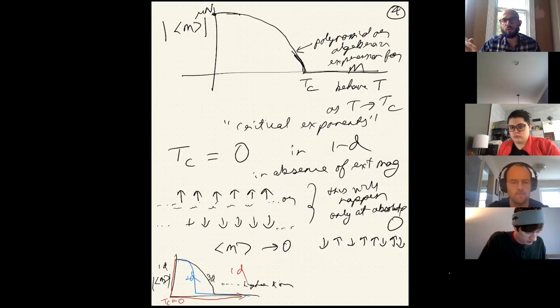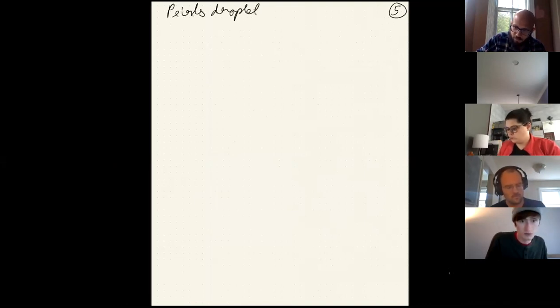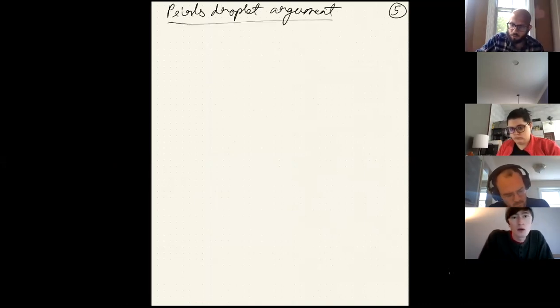This is what we are going to look at from a more physical perspective now, as to why this is the case. We are going to use an argument which I like quite a lot. It's a very physical argument. Its name is, if I can get the spelling right, I'm probably going to get it wrong, something like Peierls' droplet argument. If you go and Google Peierls' droplet argument Ising model, you will get the right spelling and you can look at it.